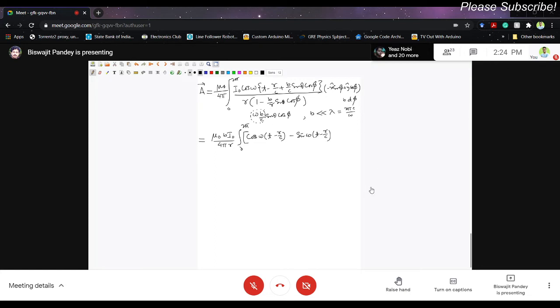When the argument is very small, sine of it is close to the argument, so in place of it I write omega b by c sine theta cos phi. This is the simplified numerator. Then I take this part in the numerator, so I write into plus 1 plus b by r sine theta cos phi, into this phi cap, that is minus x cap sine phi plus y cap cos phi, right?